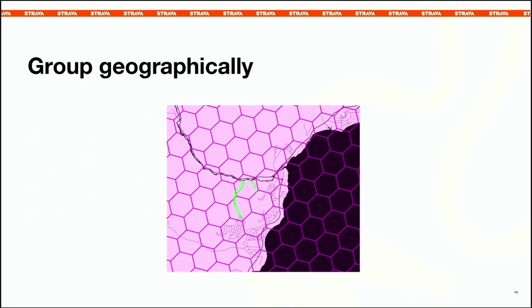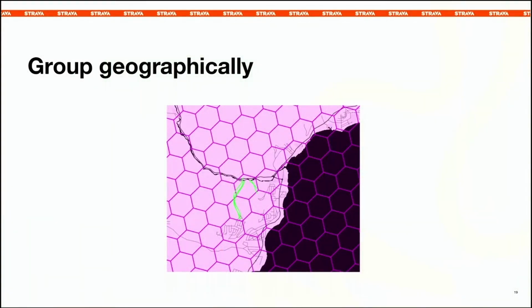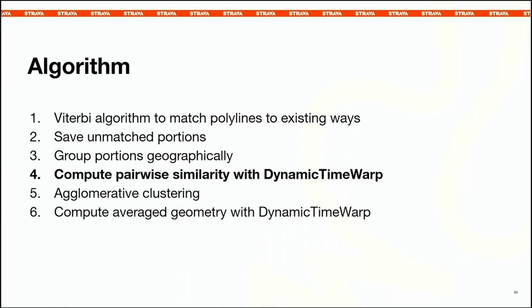You break up the world into hexagonal tiles. And in Spark, this is a simple operation. Spark allows us to deal with a ton of data at once, and it helps us subdivide a giant problem, because we have data from all over the world, into many subproblems that each can be computed on a single CPU.